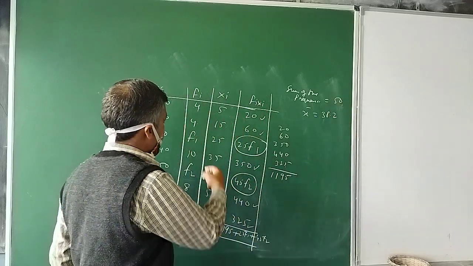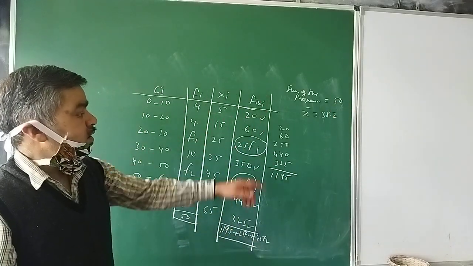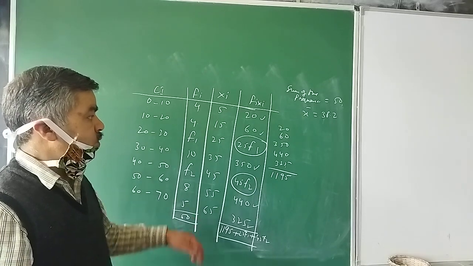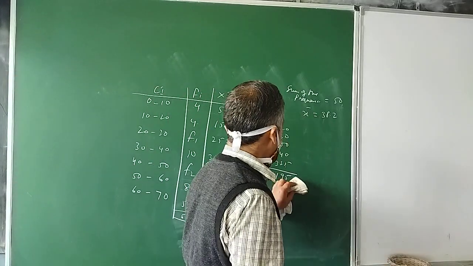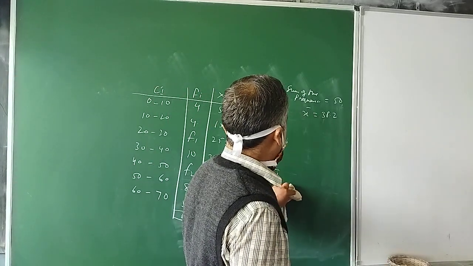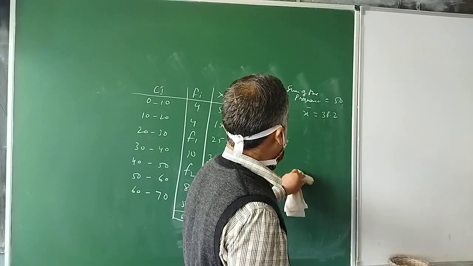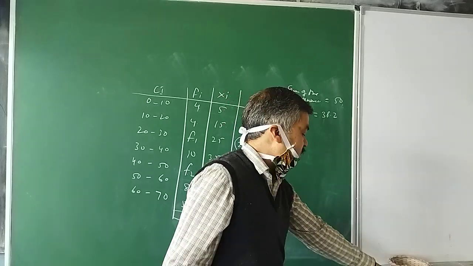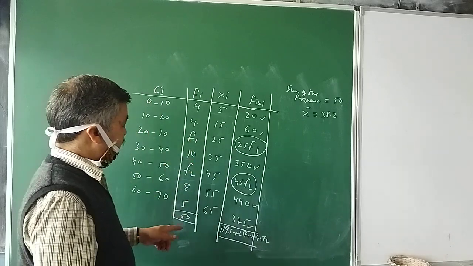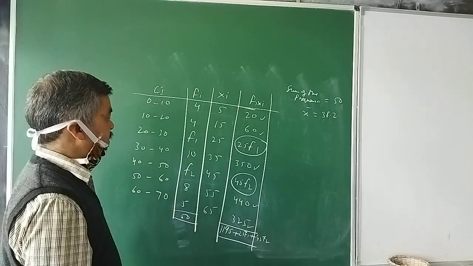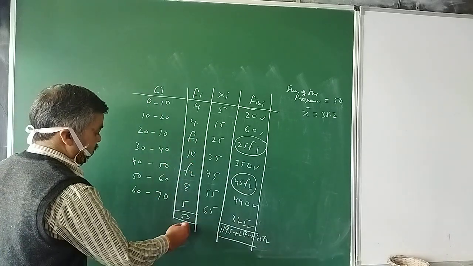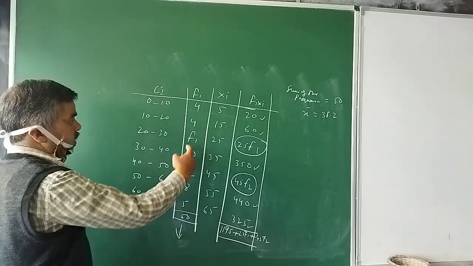In case of one frequency missing, only the mean will be given. But in case of two missing frequencies, the sum of the frequencies will also be given to you. So from there also you will be getting one equation.